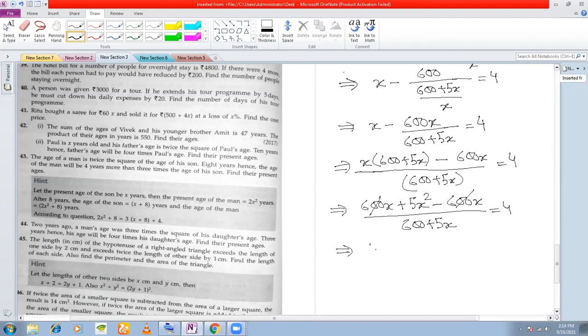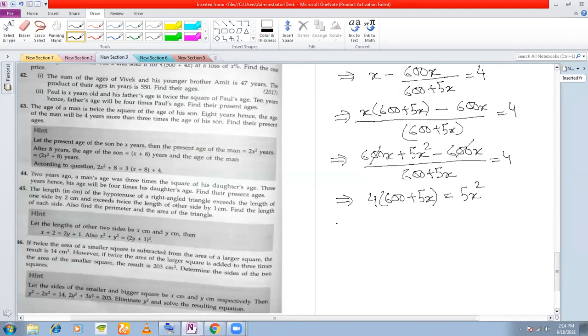You are going to get 4 into 600 plus 5X is equal to 5X square, right? Now in order to simplify your work, you can take out the HCF of these two. So you can write 4 into 5 into 120 plus X is equal to 5X square.